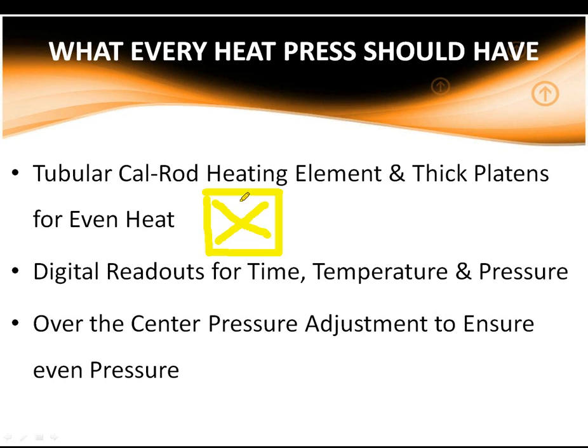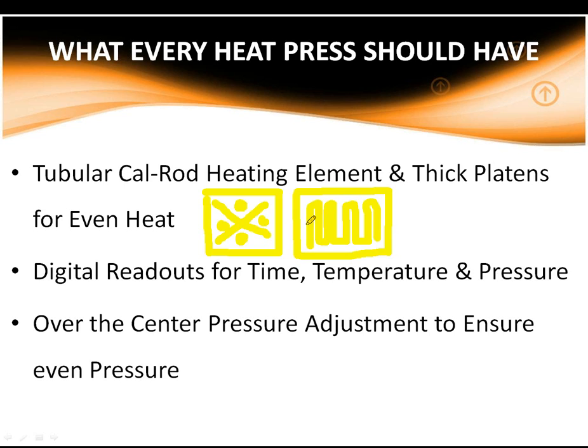So what that gives you is it gives you cold spots here, here, here, and here. You want to look for a heat press that has a cal rod system that's manufactured with cal rods that coil up and down and in and out like this inside of your press. What that's going to give you is even temperature throughout the press because these rods are never further apart in any one area. So the spacing in between them is equal.